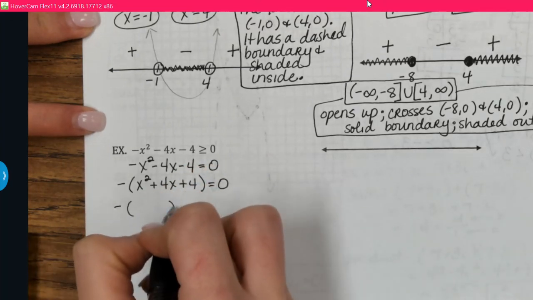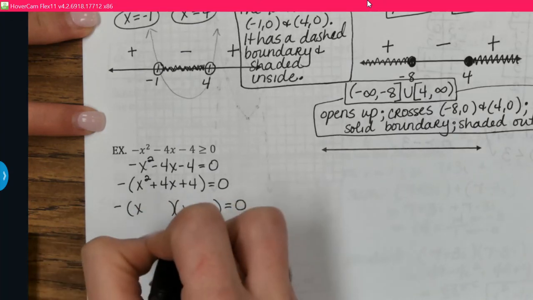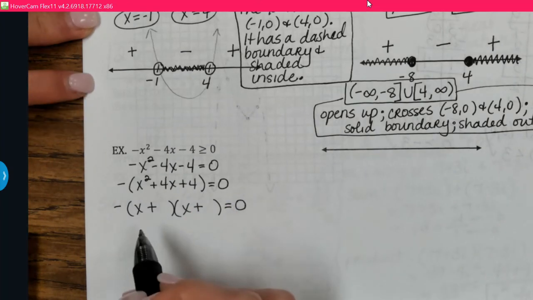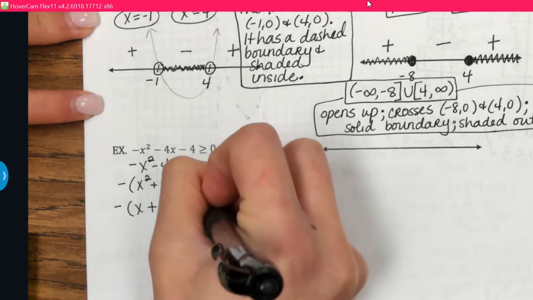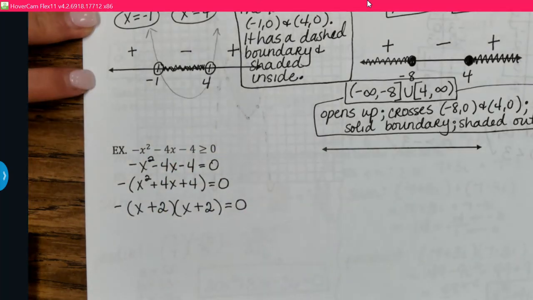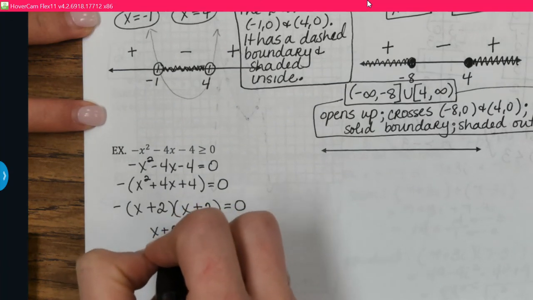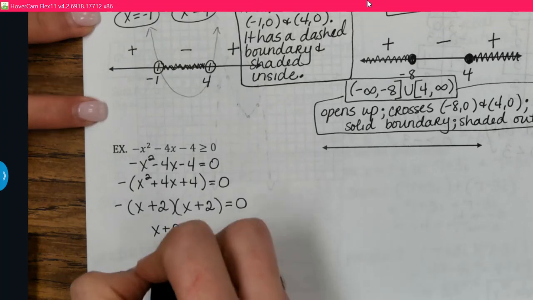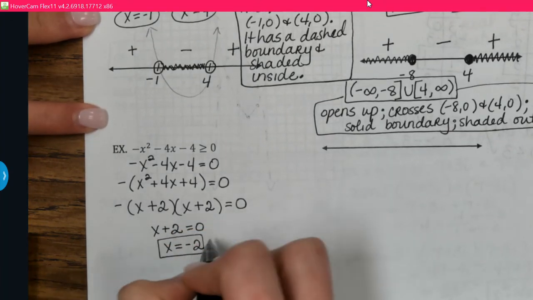That last 4 is positive, so they're the same sign. They're both positive. Factors of 4 to give me 4. 2 and 2. What happens there? It's going to end up being a double solution. So x plus 2 equals 0. I only have to do it once. X equals negative 2. That's going to be my double solution.